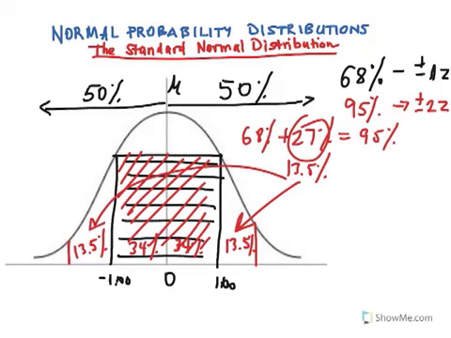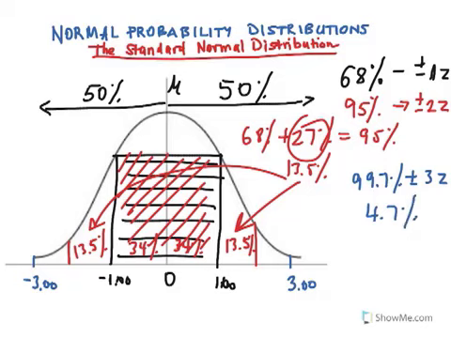Okay? And next is that 99.7% will fall between three z's. So 3z is right here, 3.00 and minus 3.00. So now we have 99.7 minus 95, which is 4.7%.